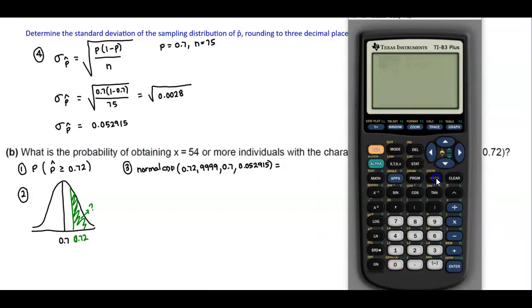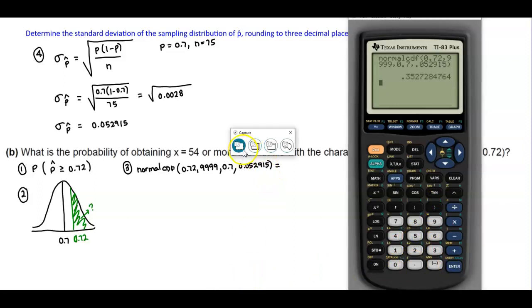So we have second distribution, go to normal CDF. We know that our lower bound is 0.72, our upper bound is 9999, our mean is 0.7, and our standard deviation is 0.052915.